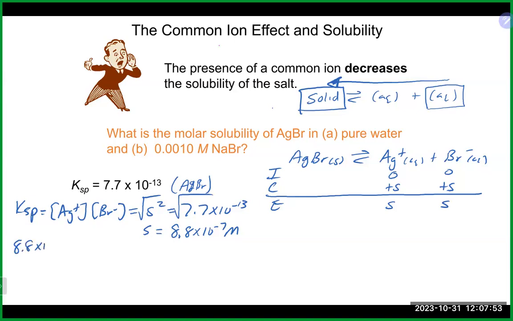Again, just a reference point in terms of what that means, we use the molar mass of silver bromide, which I think is 107.9 for the silver and 79.90 for the bromine. That's going to give us 187.8 grams per mole. It's going to give us a solubility of about 1.7 times 10 to the minus 4 grams per liter.